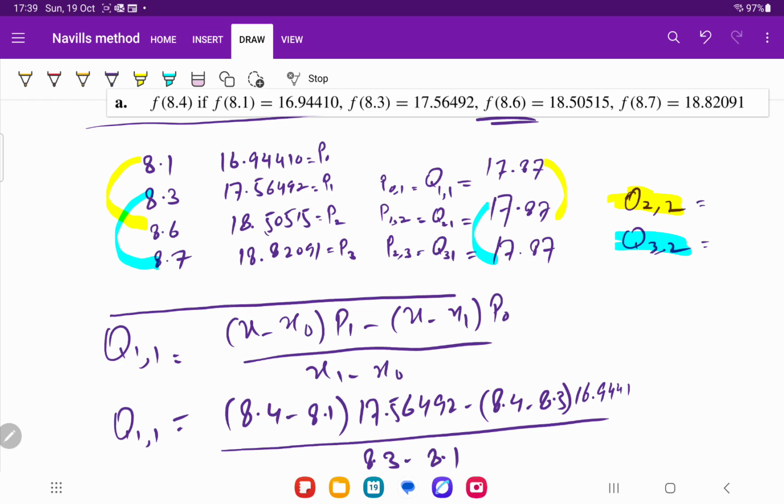So this 8.1 multiplied by 17.87 and 8.6 will be multiplied by the 17.87 this way.